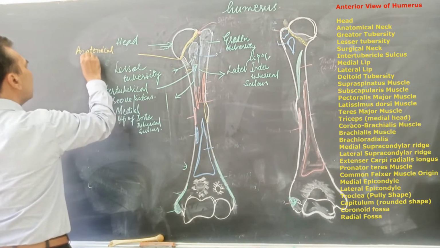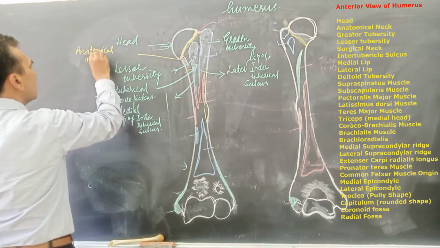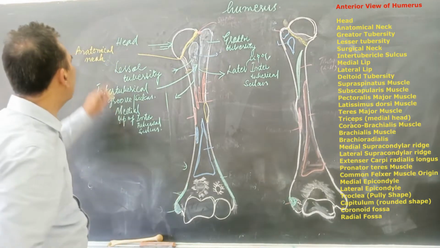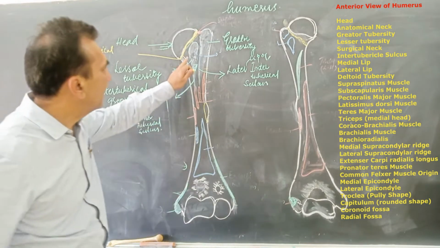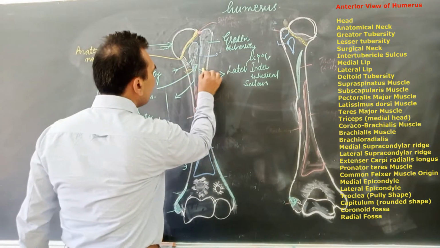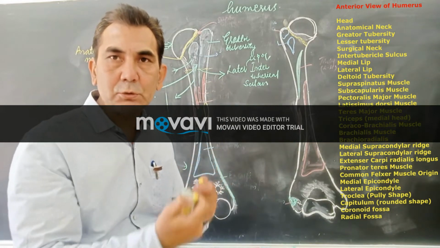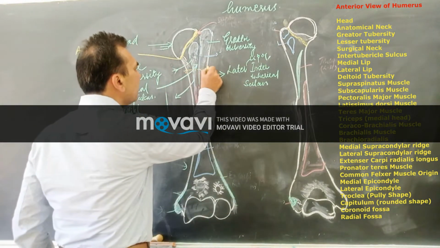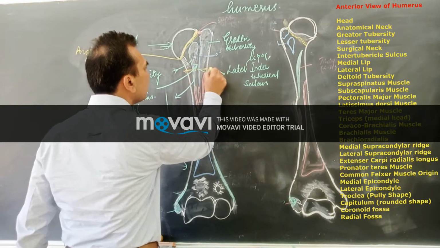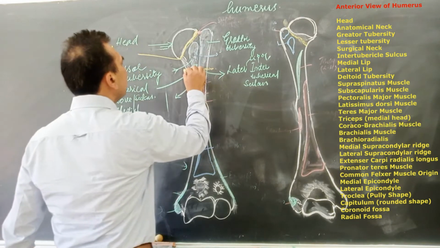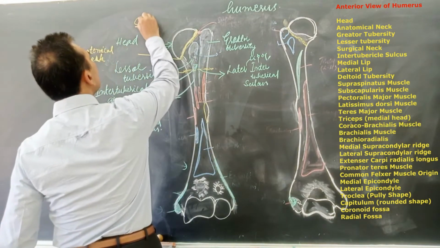Another neck is just below the greater tuberosity and lesser tuberosity, and this neck is called the surgical neck.